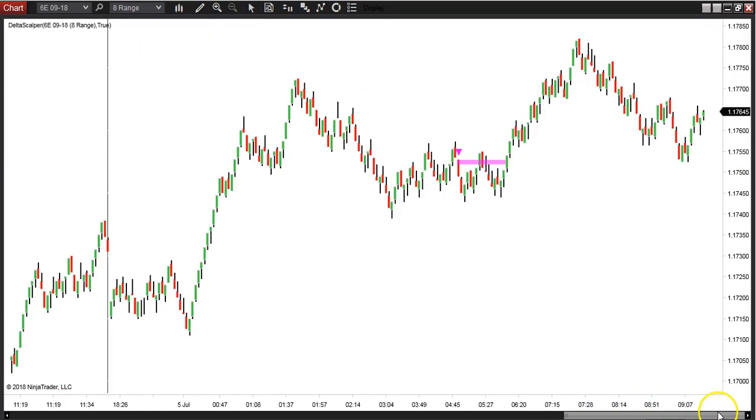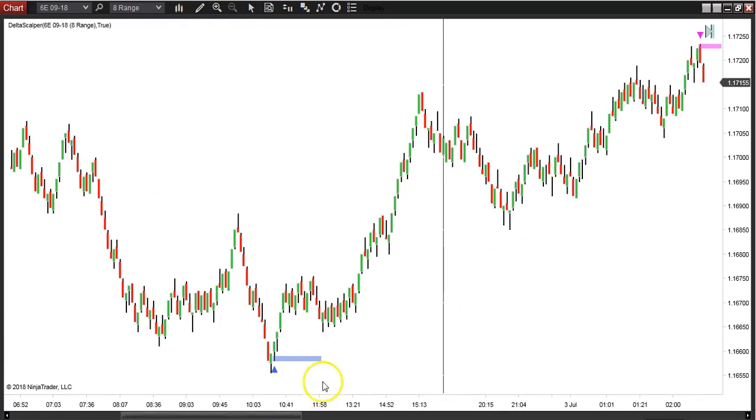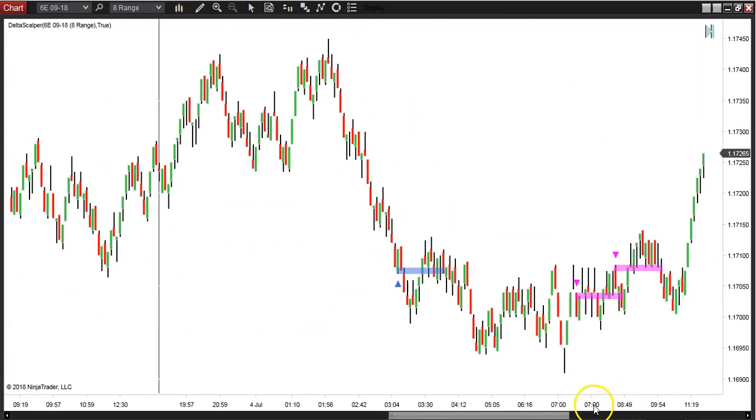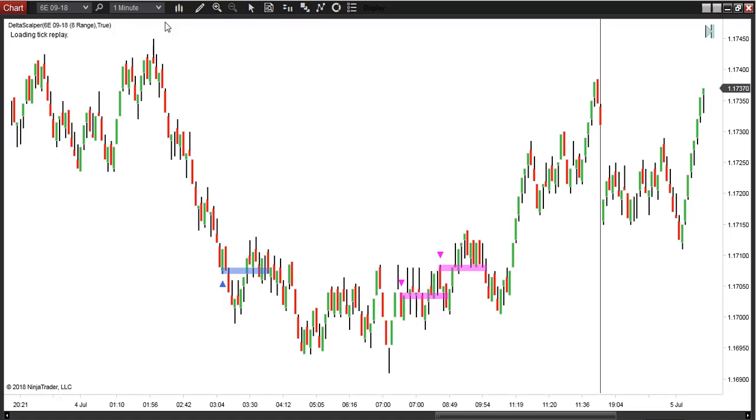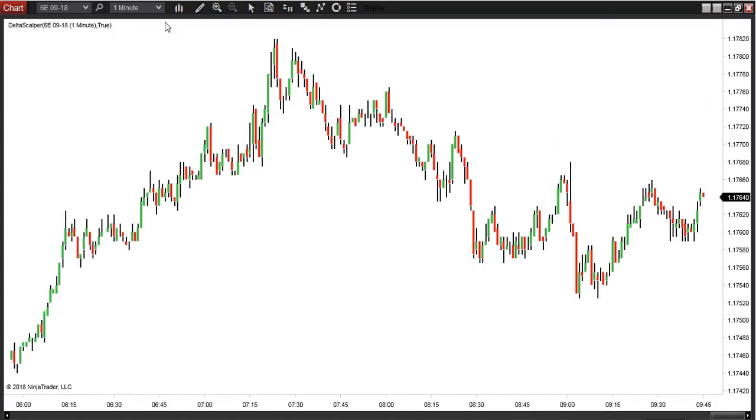Not every day is going to be this nice monster move. It really varies on the type of trading that you do, and the type of chart that you look at. You have to think of each type of chart and each time frame as a different trading plan. Okay, you're trading a minute-based chart.